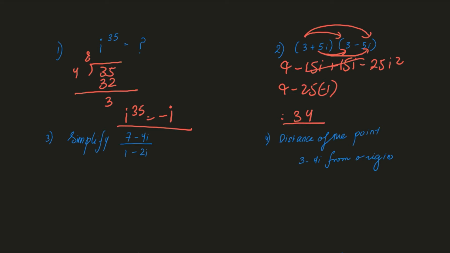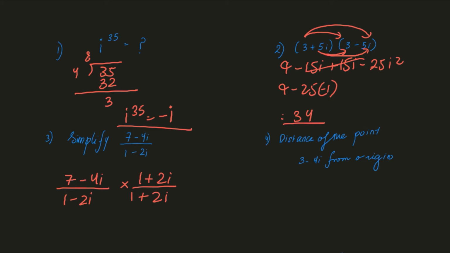All right, next. So here you can see in question number 3, we have 1 minus 2i in the denominator, which we're going to have to remove. So we're going to use conjugation. So 7 minus 4i over 1 minus 2i. The conjugate of 1 minus 2i is 1 plus 2i because we're changing the sign in the middle, and 1 plus 2i should be in both numerator and denominator.